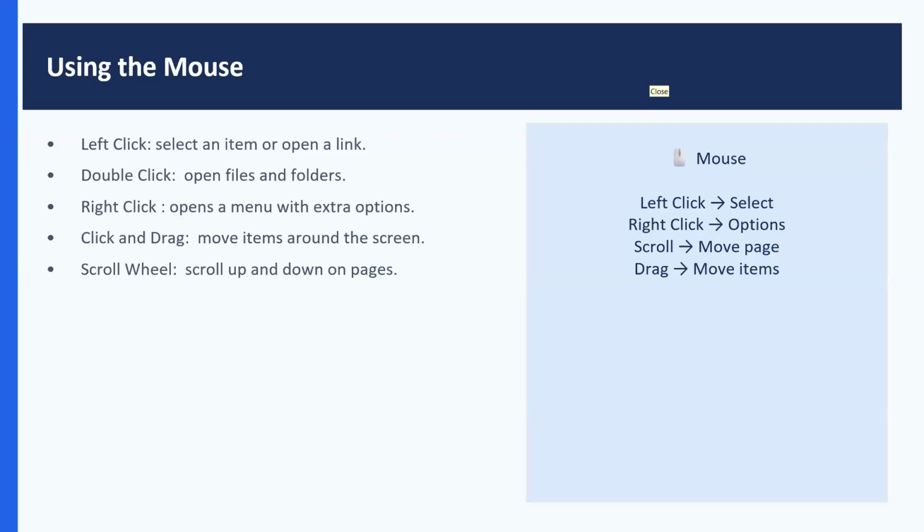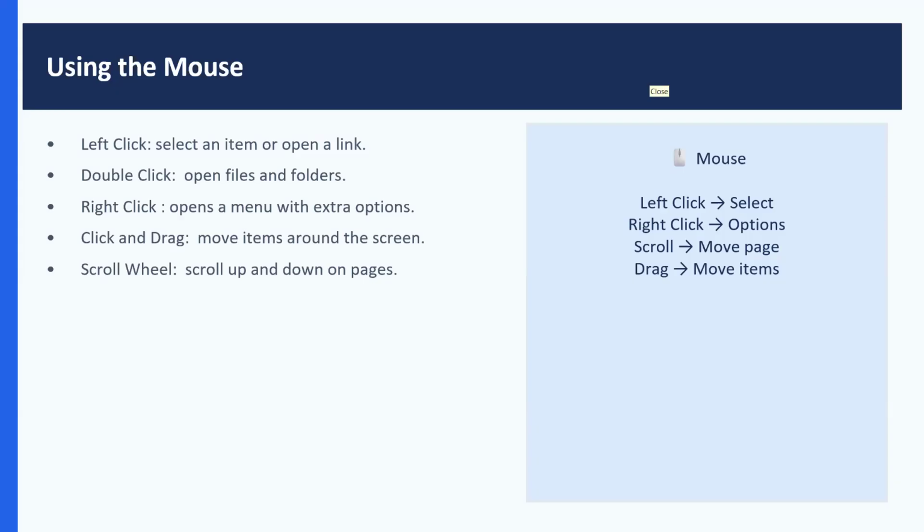So the next thing that we'll learn is using the mouse. On the mouse or on the mouse pad, there's a left click and a right click. If you want to left click, you click on the left side and that selects an item, or it opens a link, or it inspects an item. So that's pretty important.